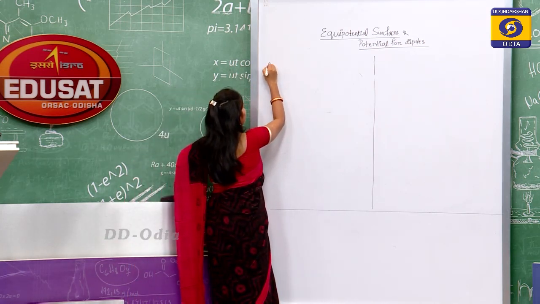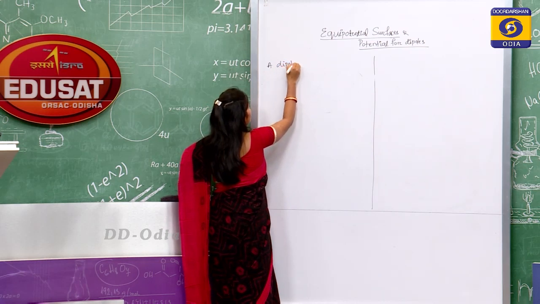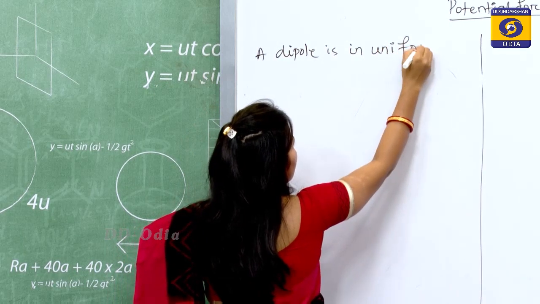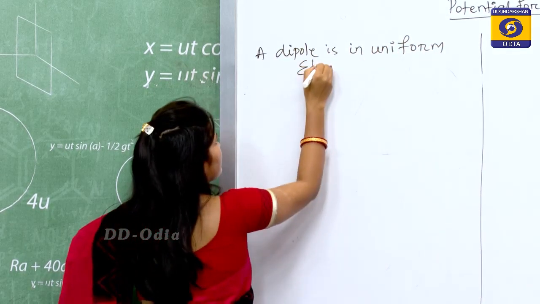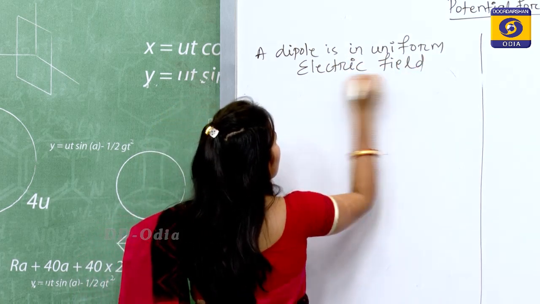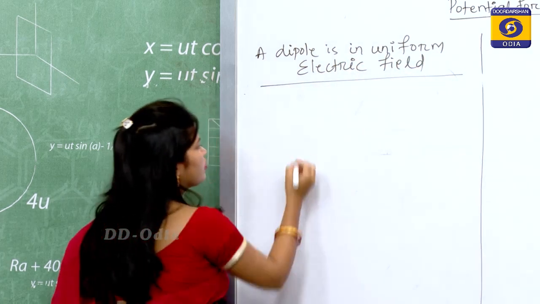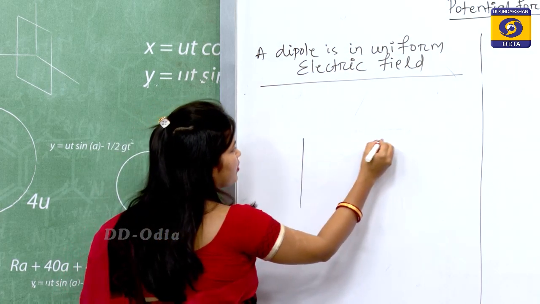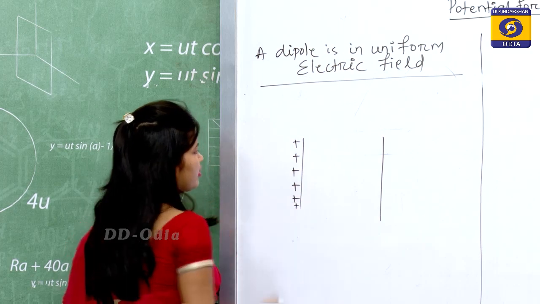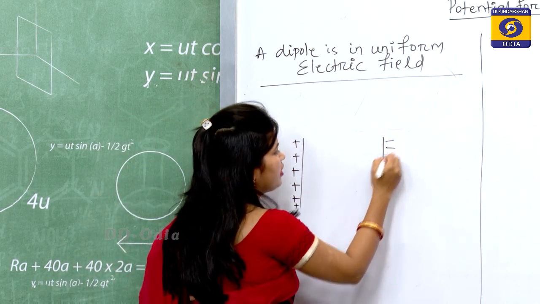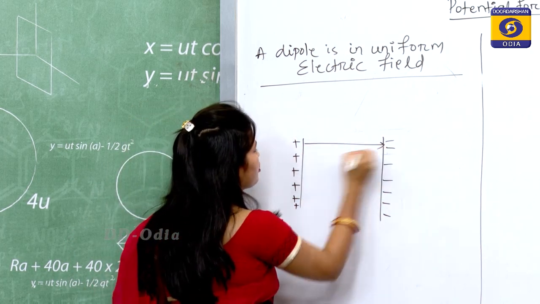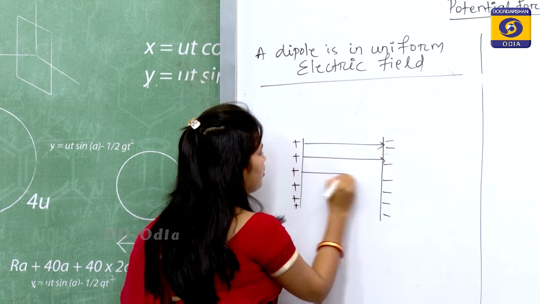When a dipole is in a uniform electric field, suppose in a capacitor, here is the positive plate and here is the negative plate, the electric field is produced from positive to negative.